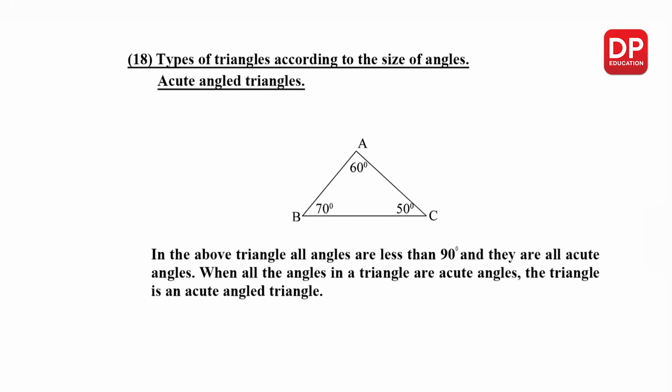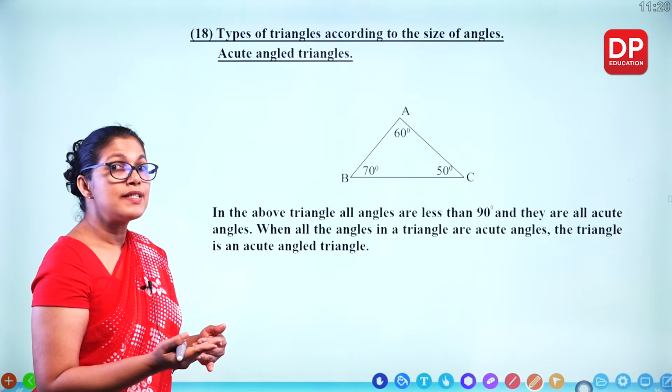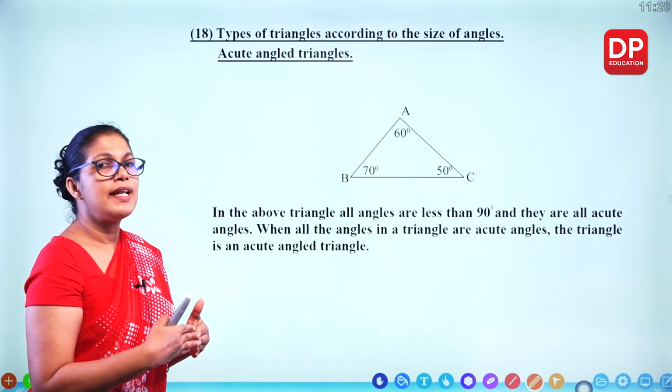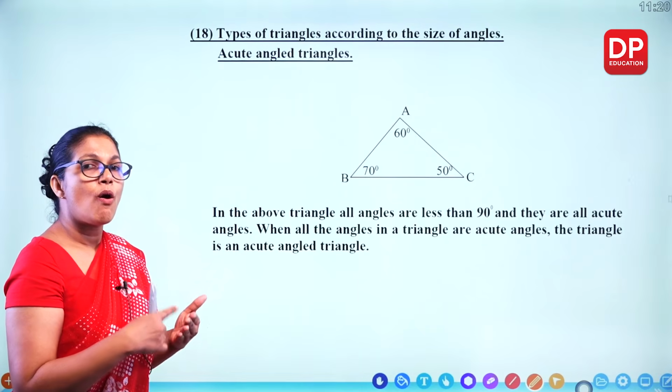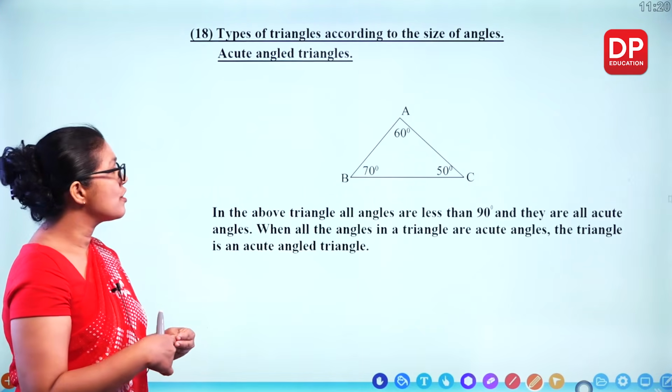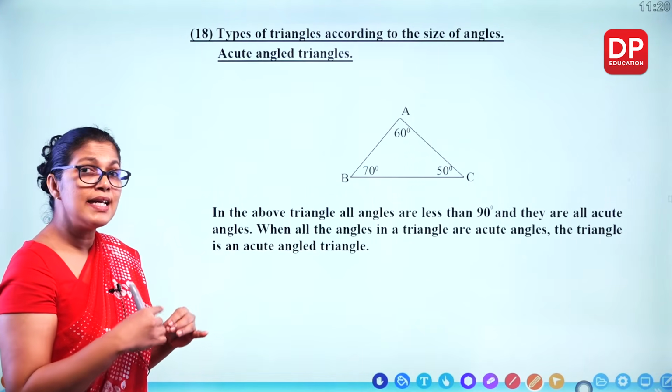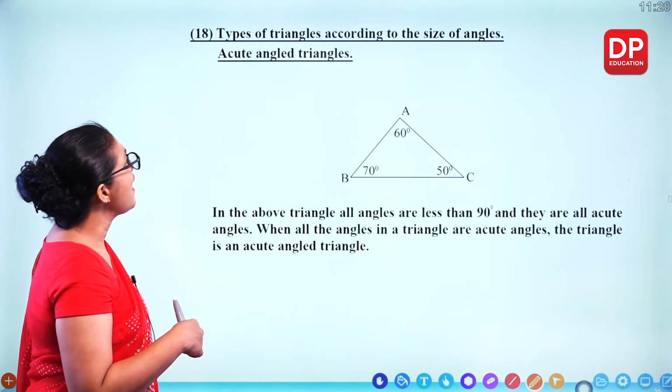Types of triangles according to the size of angles. Earlier we looked at the length of the sides. Different lengths, scalene. Two lengths are equal, isosceles, and all the lengths are equal, equilateral triangle. Now we are looking at interior angles.